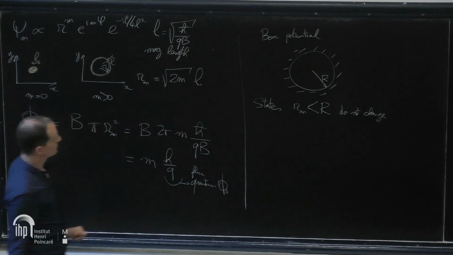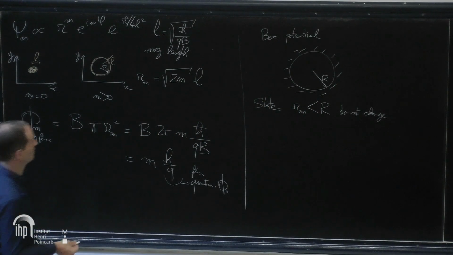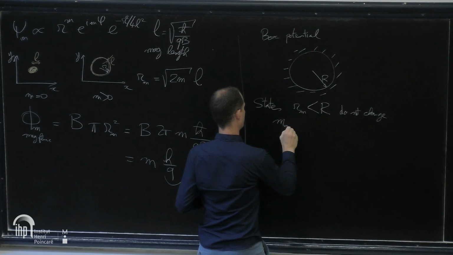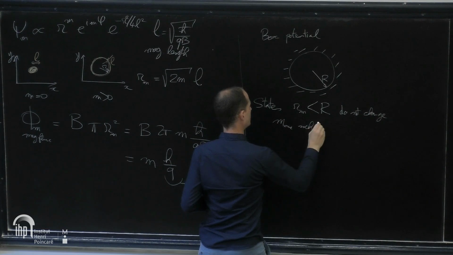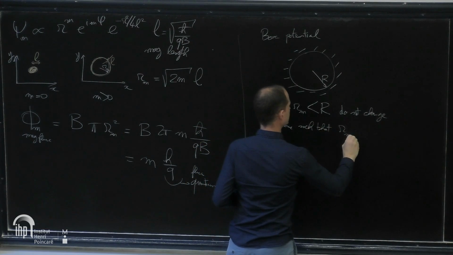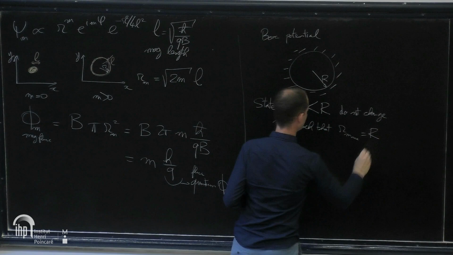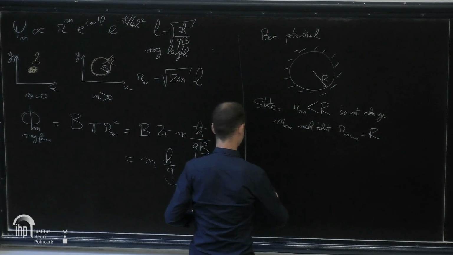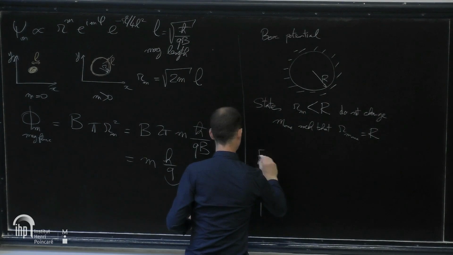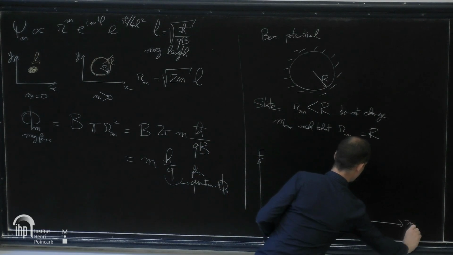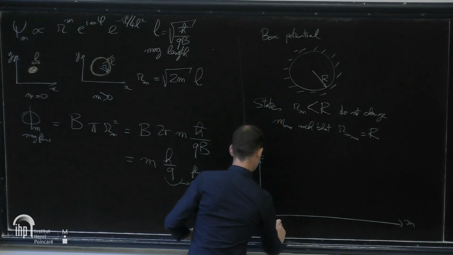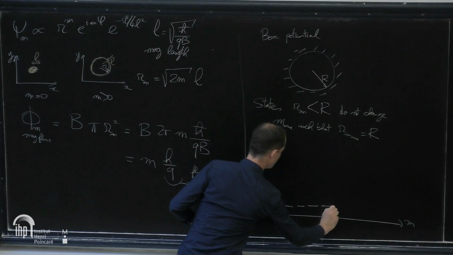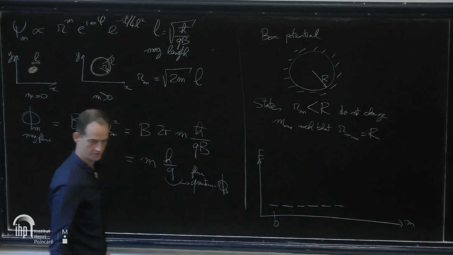And if we consider a higher value of m, maybe I have to say that I want to define m max such that our m max is equal to R. So maybe before considering the other states, I can start plotting the spectrum E versus M. So I start at 0, and for all the states up to M max, I still keep almost a degenerate structure.